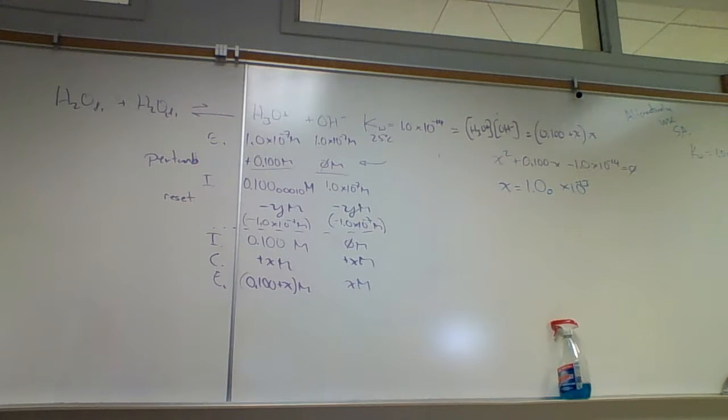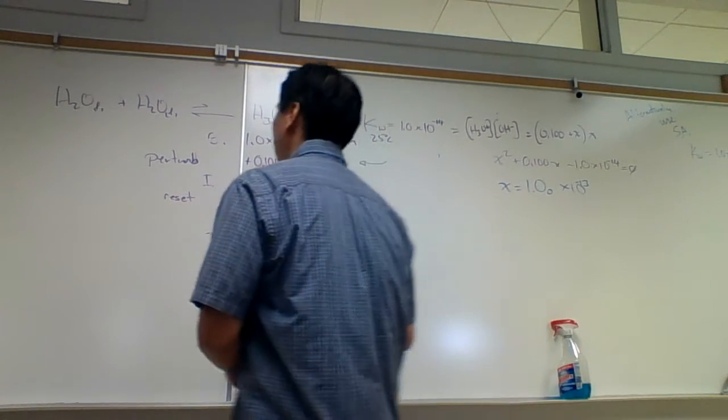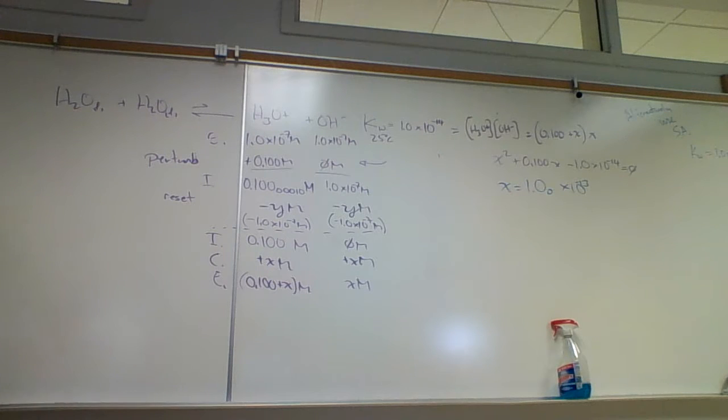If I go back to the previous problem and I look, I had 0.100 minus x times 1.0 times 10 to the minus 7 minus x.